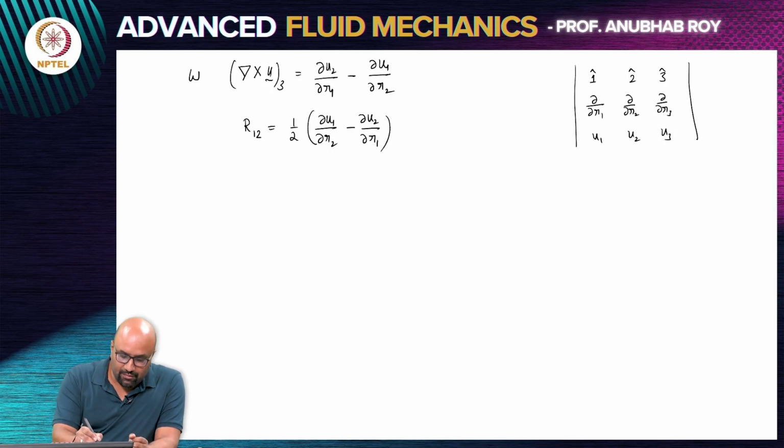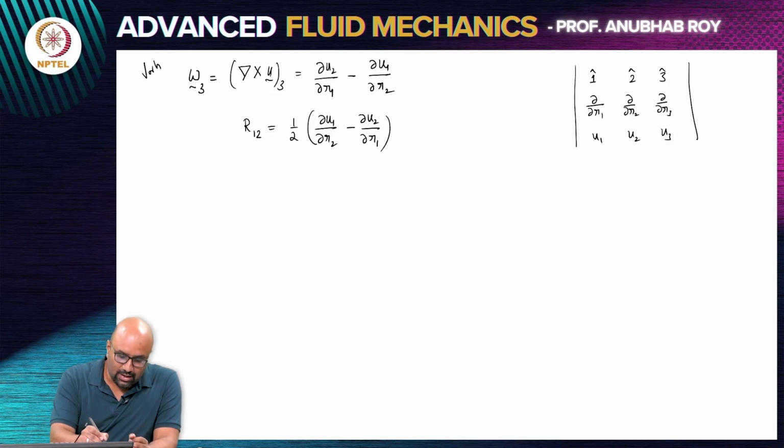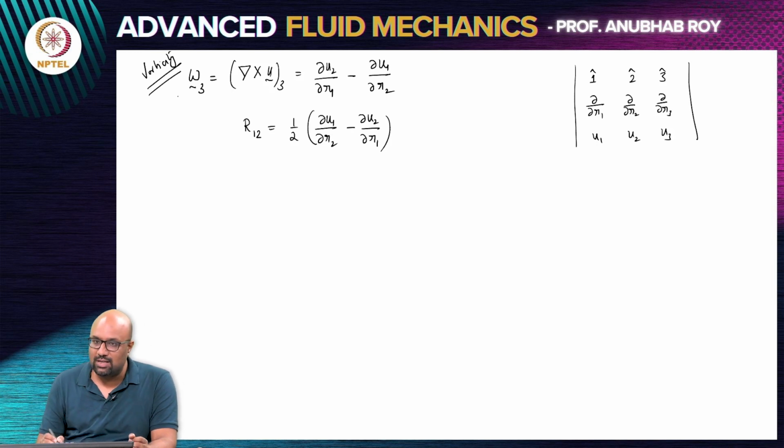So, if I define vorticity, which is a new quantity that you are encountering, the curl of U, this object is known as vorticity. We have not formally understood what this means, but if I just give it a label right now, the curl of the velocity field is this object, vorticity.